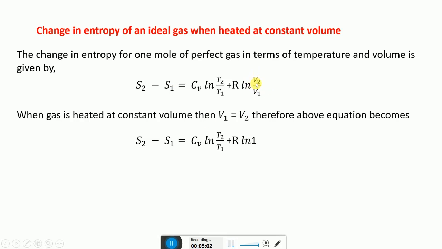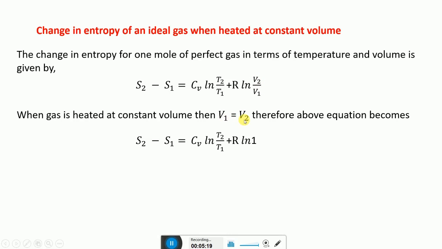In this equation, as V1 is equal to V2, they get cancelled, and the equation becomes S2 minus S1 is equal to Cv log T2 upon T1 as it is plus R into log V2 upon V1.